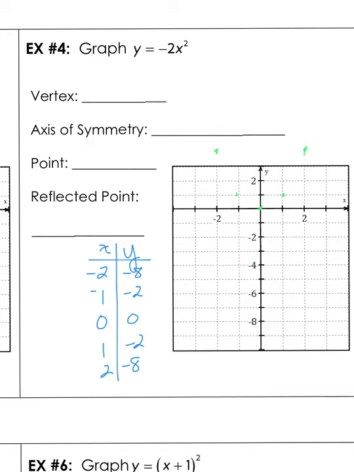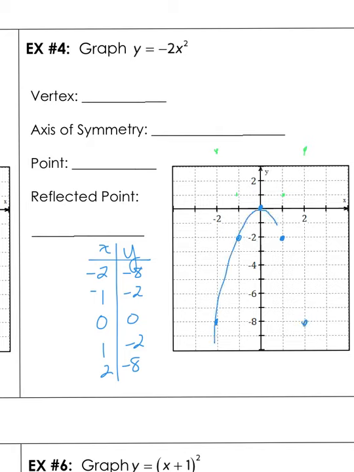So I expect this to open down, be reflected across that x-axis, and it will change shape. It's going to stretch, and so it should get closer to this y-axis, so it should look skinnier. Okay, so (-2, -8), (-1, -2), (0, 0), (1, -2), and (2, -8).